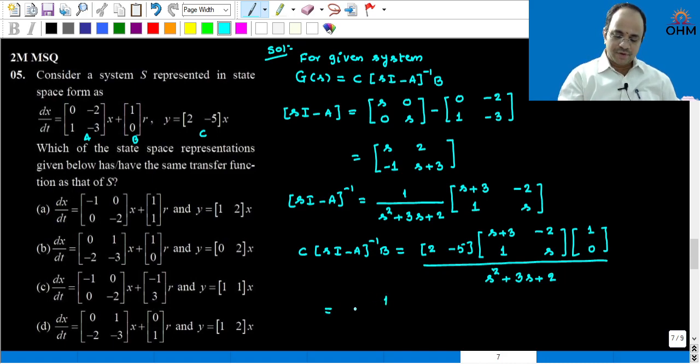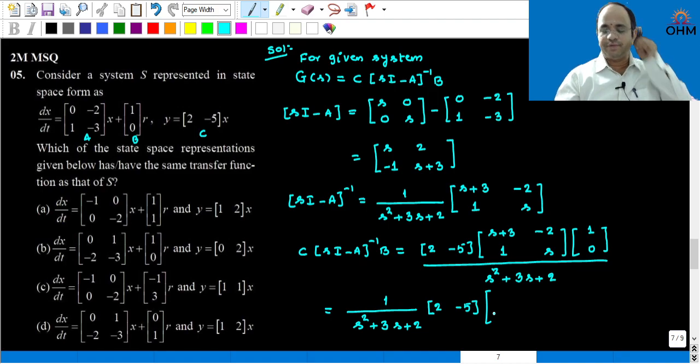Therefore, how can we further simplify? 1 by S square plus 3S plus 2, and the C matrix is 2 and minus 5. So here S plus 3 multiplied with 1, that is S plus 3, minus 2 into 0, 0. Therefore, you will have S plus 3. A 2 by 2 matrix is multiplying with the 2 by 1 matrix, so the new order will be 2 by 1. Now 1 into 1 is 1 plus S into 0, that is 0. Therefore, it will be 1.